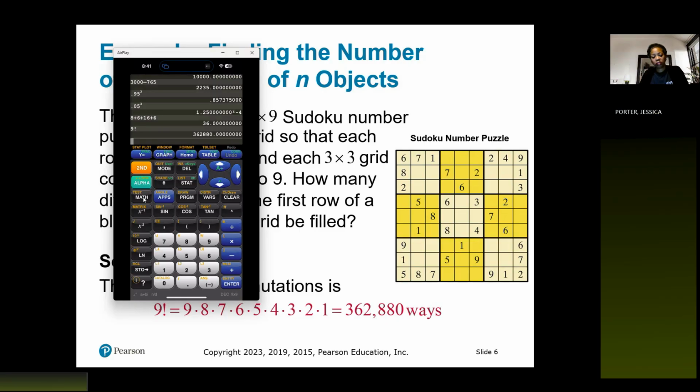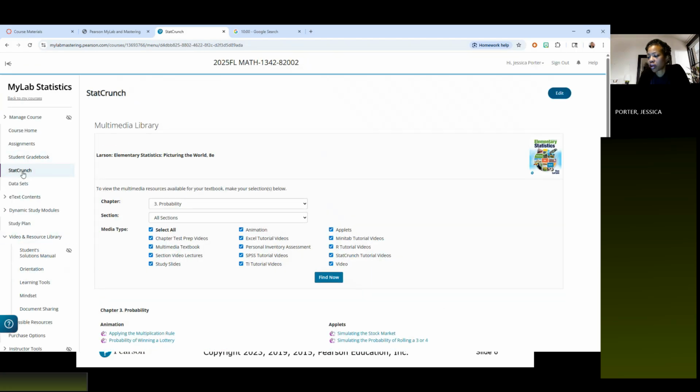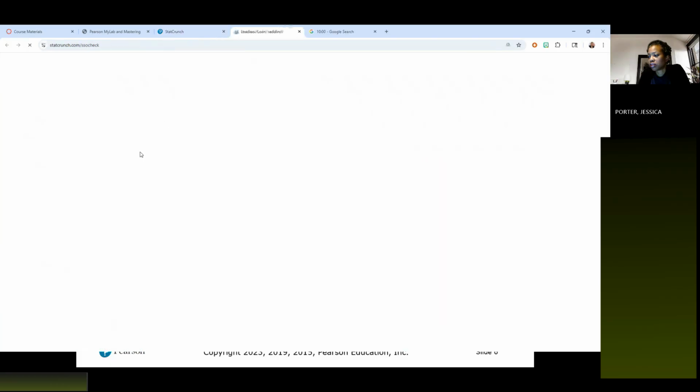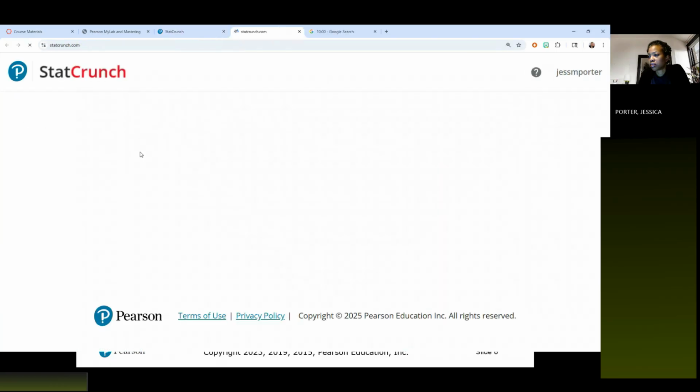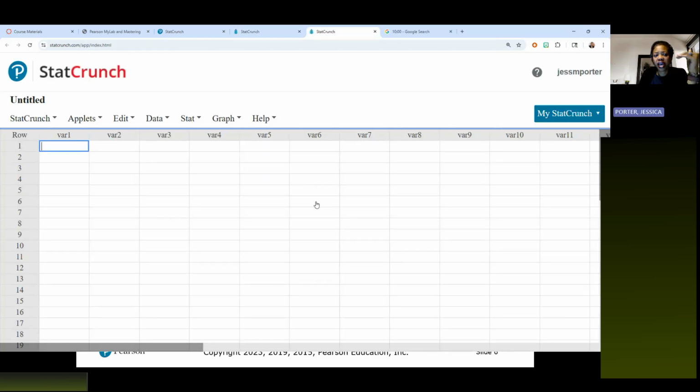Now, let's go to StatCrunch because some of us will be using StatCrunch. You can get to StatCrunch from within a problem.